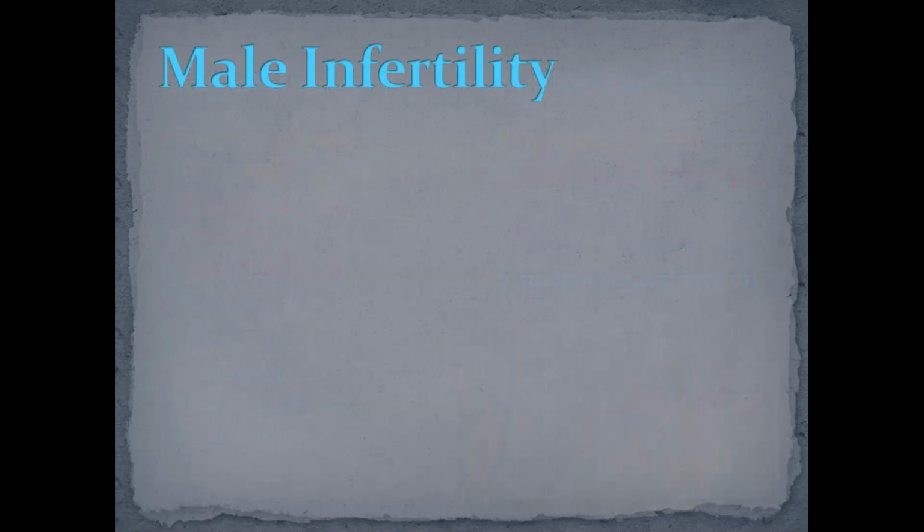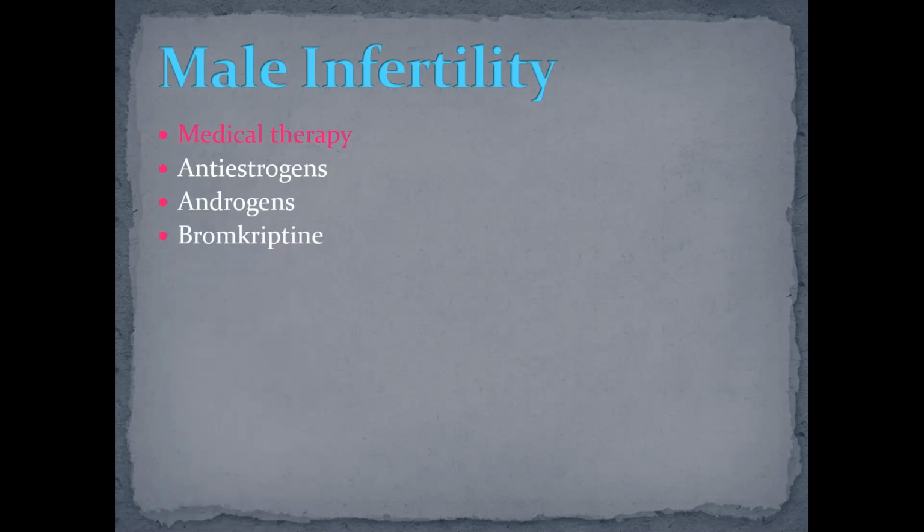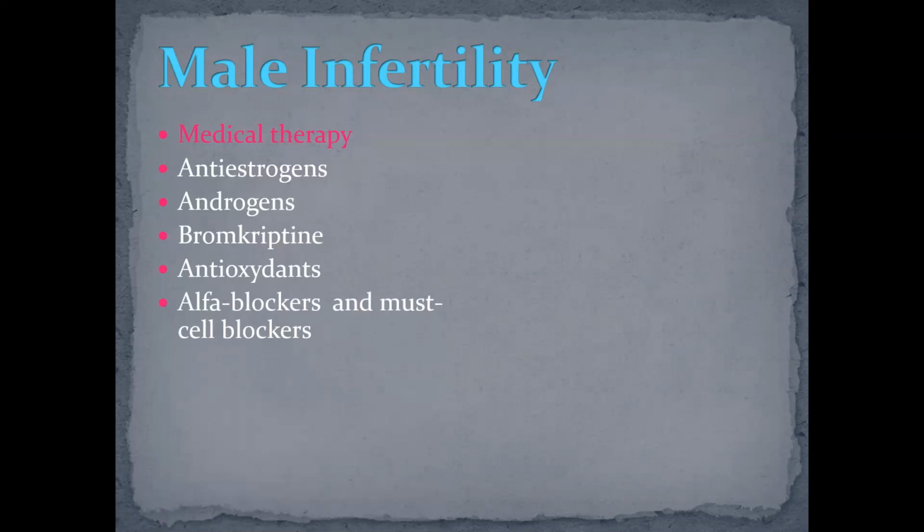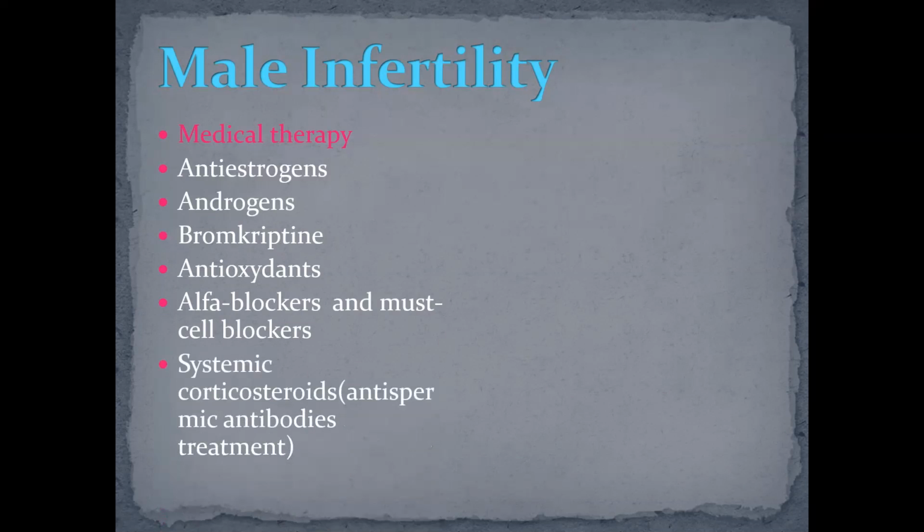therapeutic procedures. In case of male infertility, we use medical therapy, the administration of different drugs. Usually, we use anti-estrogens, androgens, bromocriptine, antioxidants, alpha blockers, mast cell blockers, systemic corticosteroids, or antisperm antibodies treatment.